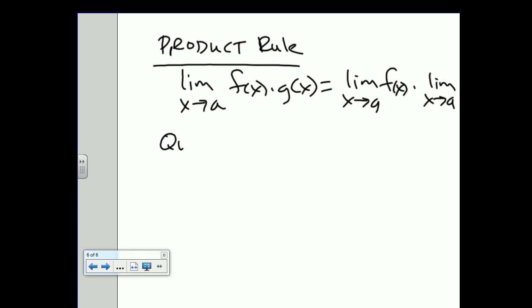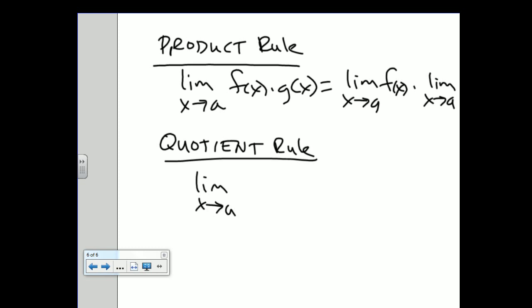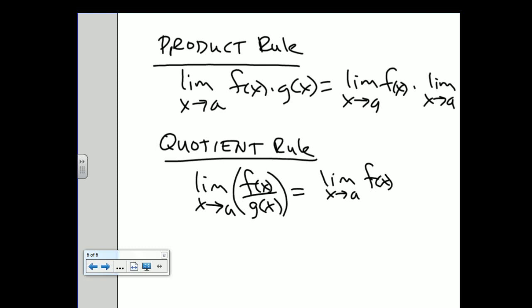And then we will have what we call the quotient rule, which says the limit as x approaches a of f of x over g of x will equal the limit as x approaches a of f of x over the limit as x approaches a of g of x.